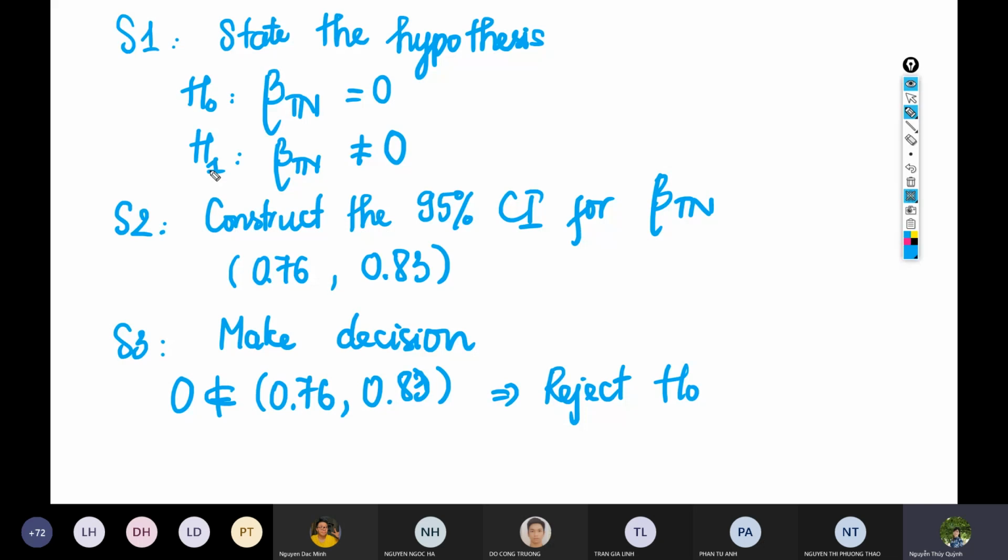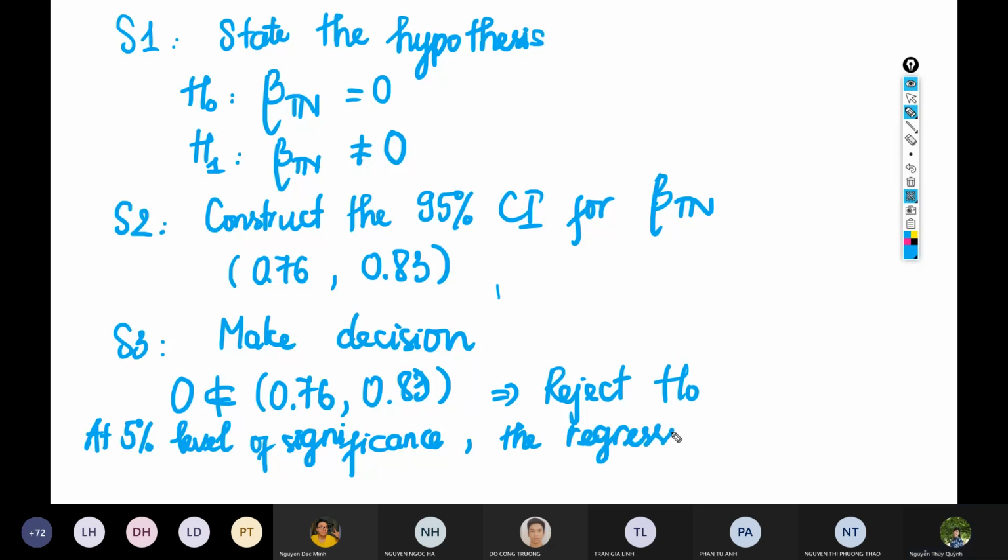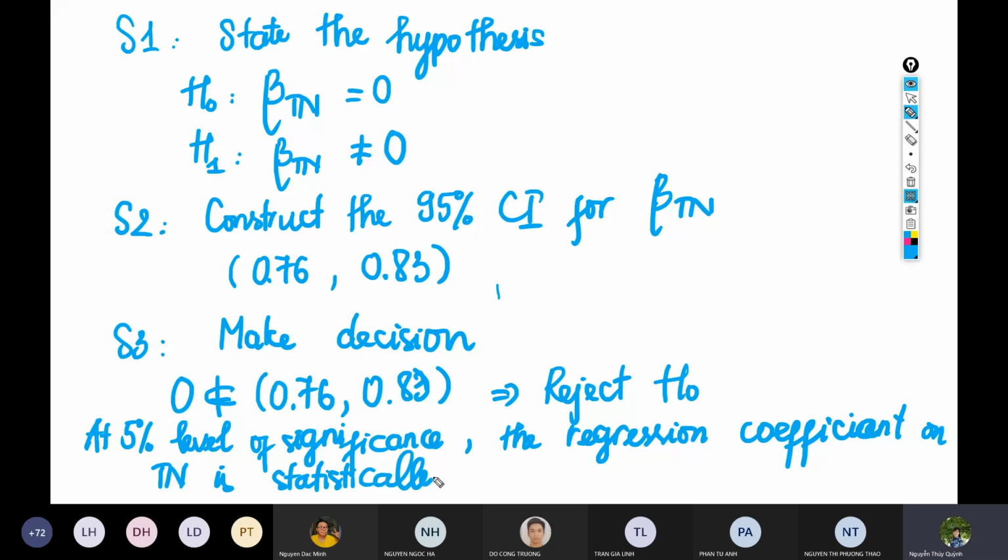Then we say that at 5% level of significance, the regression coefficient on Tn is statistically significant, or statistically different from zero. So that is our conclusion.